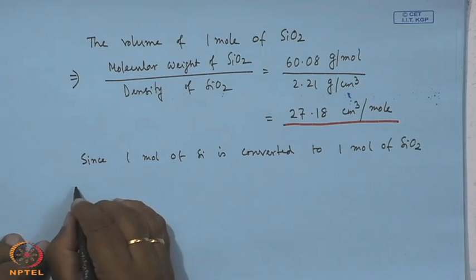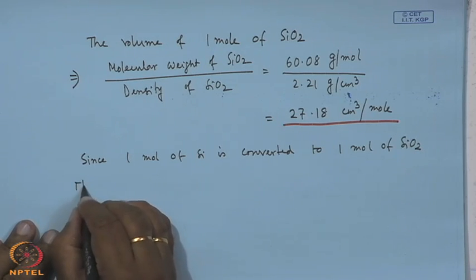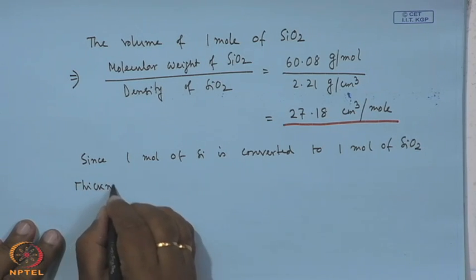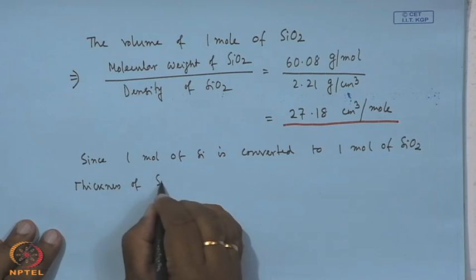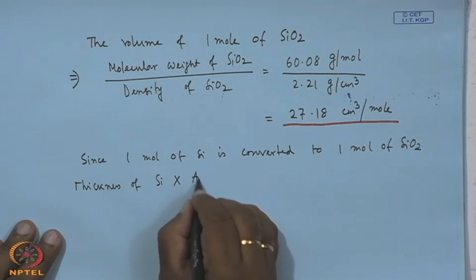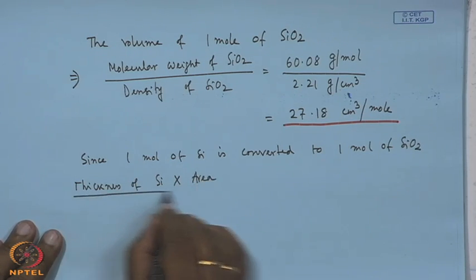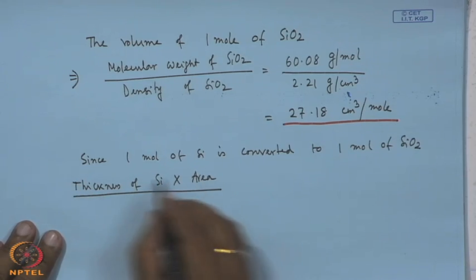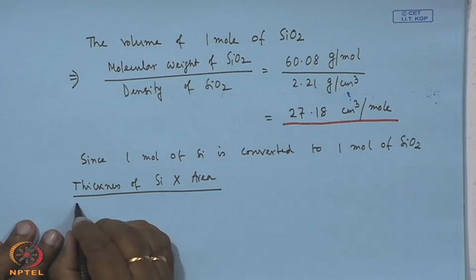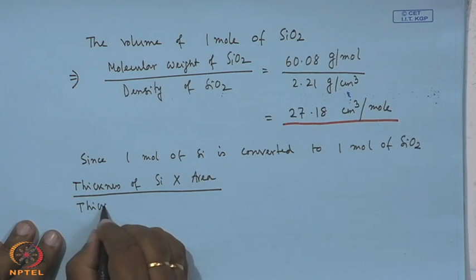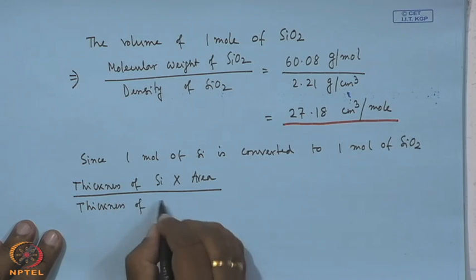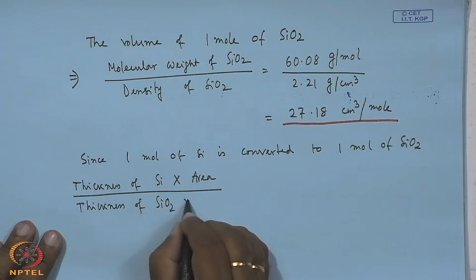So, we can write that the thickness of silicon multiplied by area, because if you multiply thickness with area you will get the volume, by the thickness of SiO2 multiplied by the area.